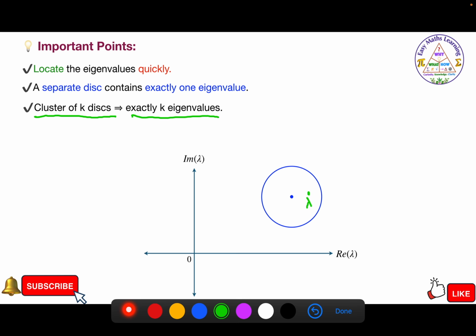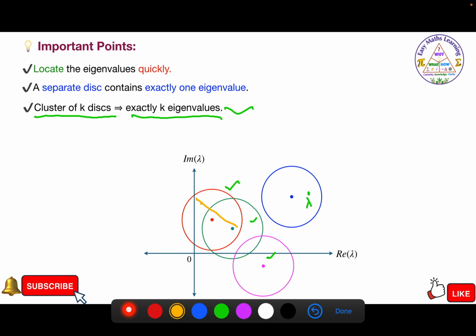A cluster of k disks implies exactly k eigenvalues. You can see the diagram here, we have these three disks. If k disks overlap together, then that region contains exactly k eigenvalues. So eigenvalues may be in this region.